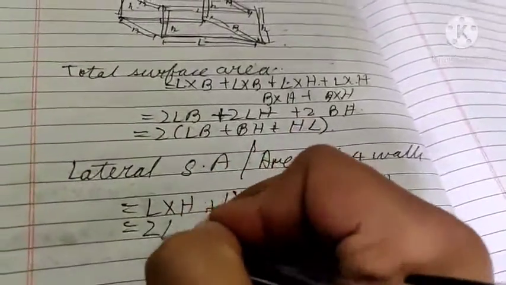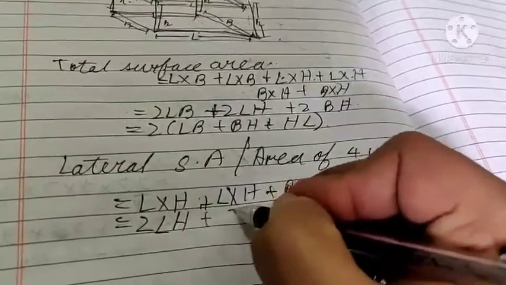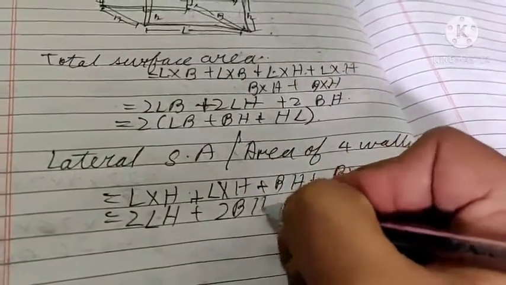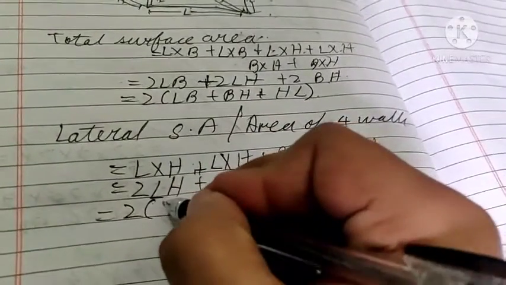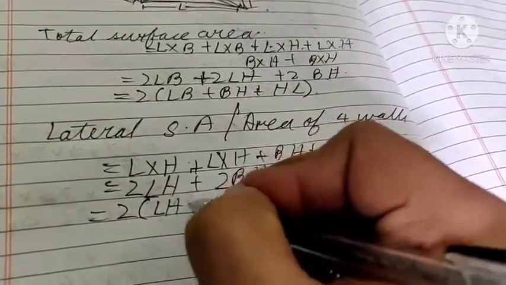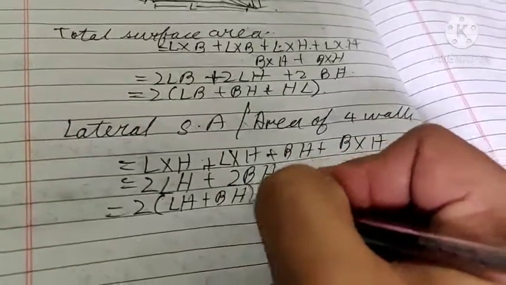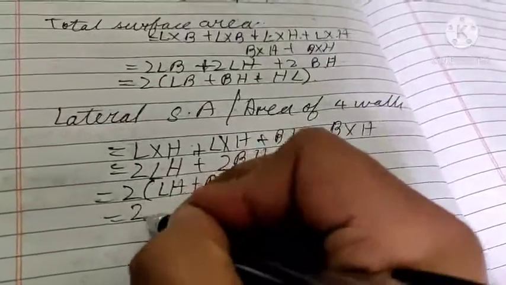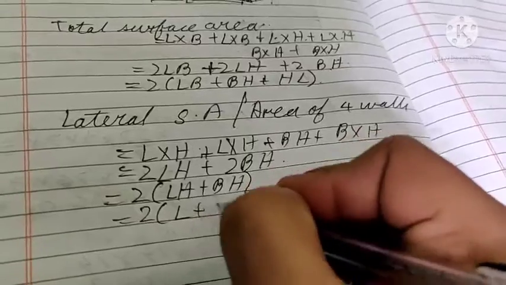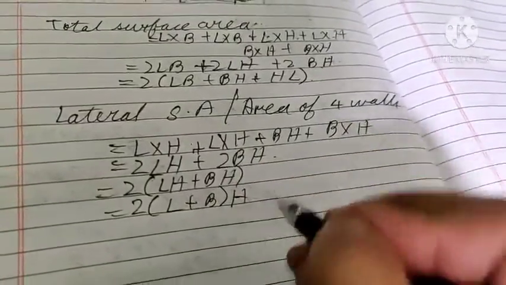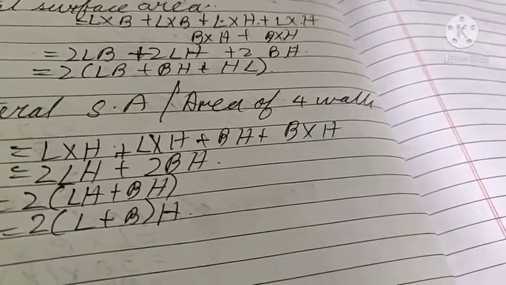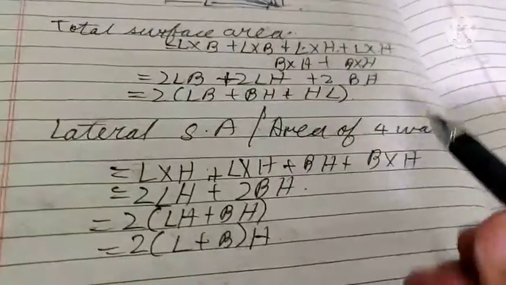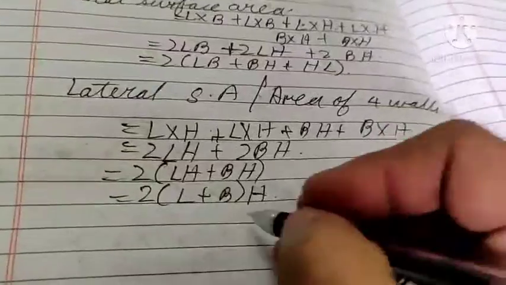That is 2 LH plus 2 BH. Taking 2 common, we are left with LH plus BH. We can again take H common, then 2 times L plus B into H. Okay, this is the lateral surface area of the 4 walls of a cuboid.